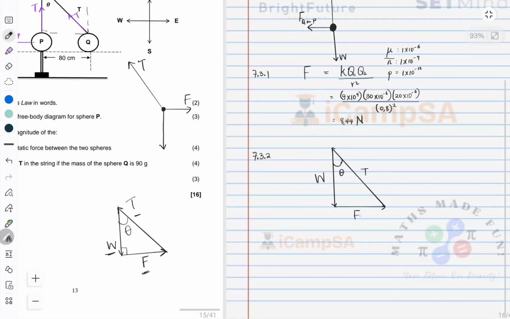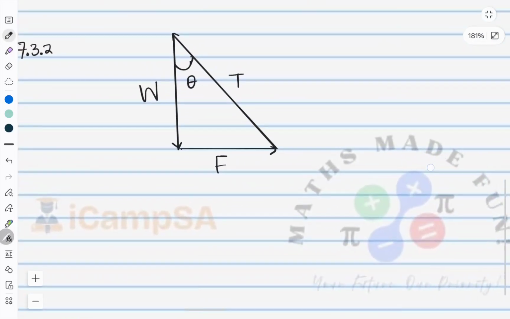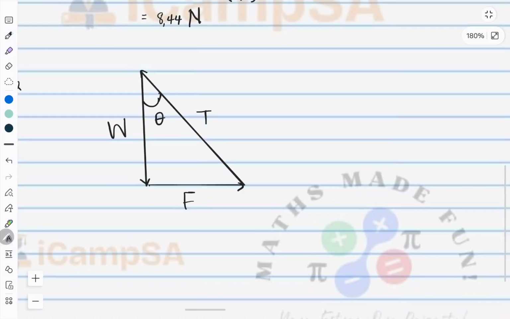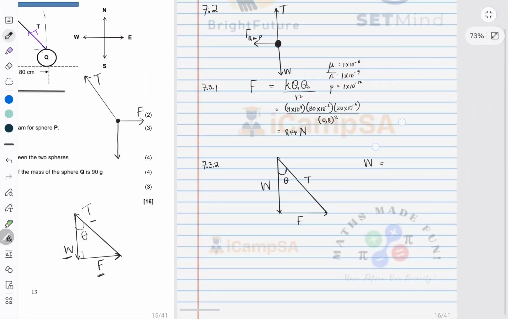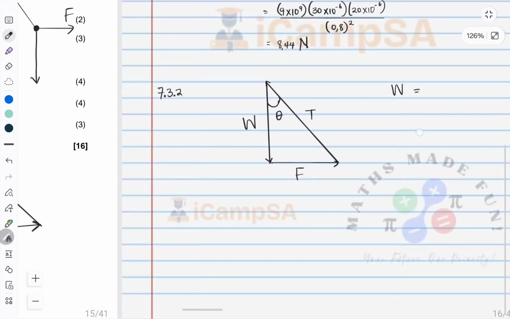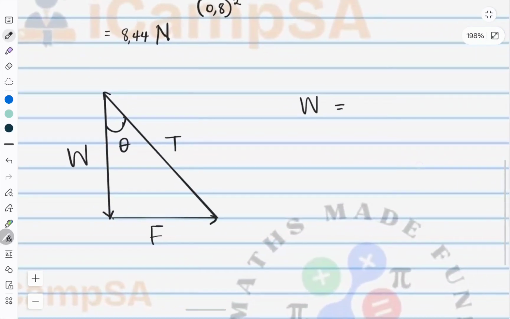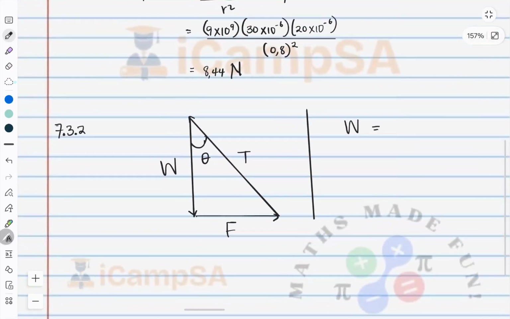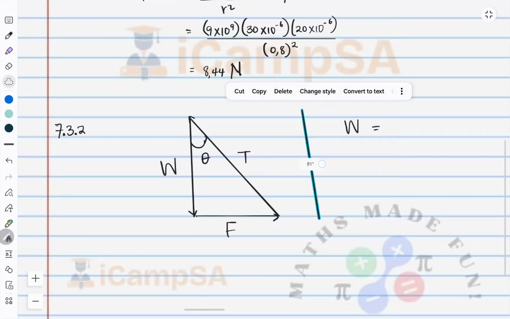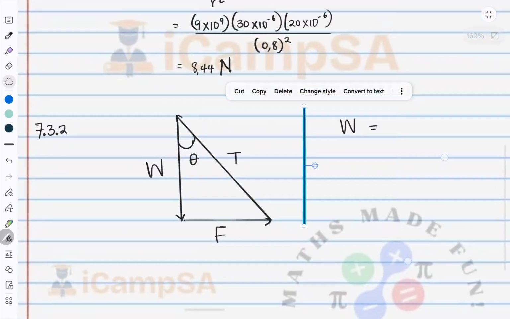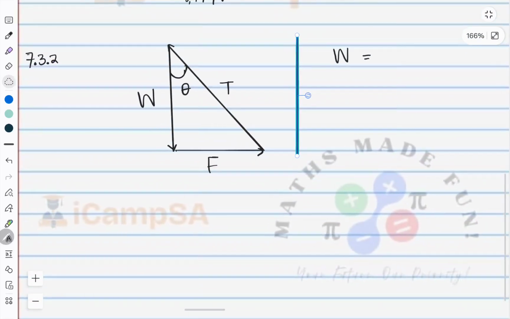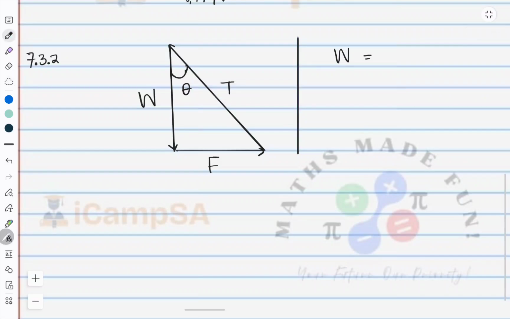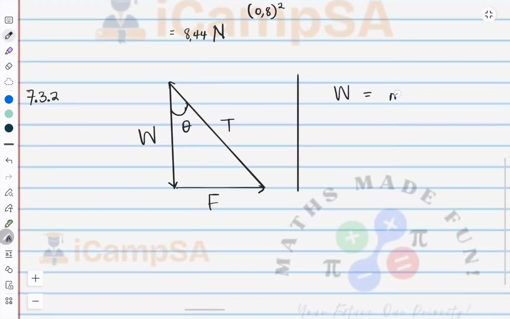So we have F here. What we're saying is we already know weight. We can find weight, in fact, let's do it underneath here. It won't fit. You're not allowed to divide your page like this, but what I'm doing is to make sure that everything stays on this page. I'm dreading the whole process of starting a new page when I can make everything fit here. So weight is mg.